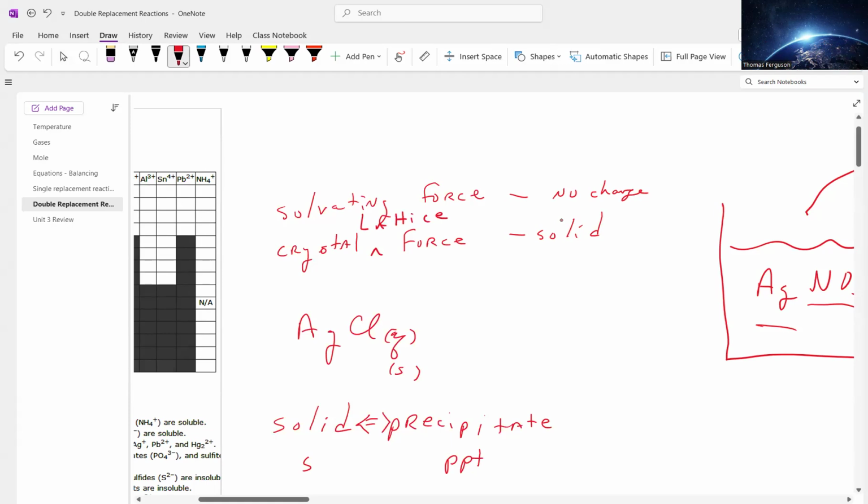What's stronger? If the solvating force is stronger, you won't form a solid. If the crystal lattice force is stronger, you form a solid. Now, if they're equal, then you get something called partially soluble, which means it forms a mushy solid. But in our class, it's going to form one or the other.